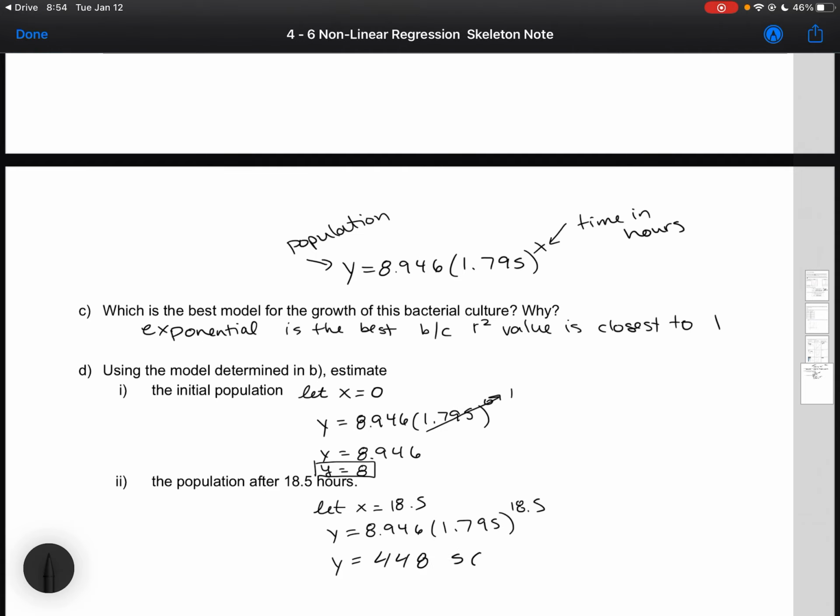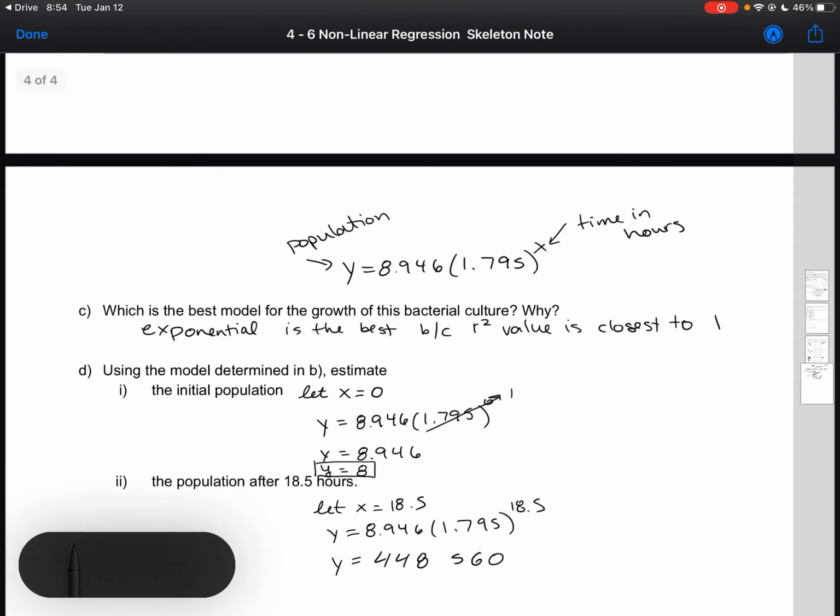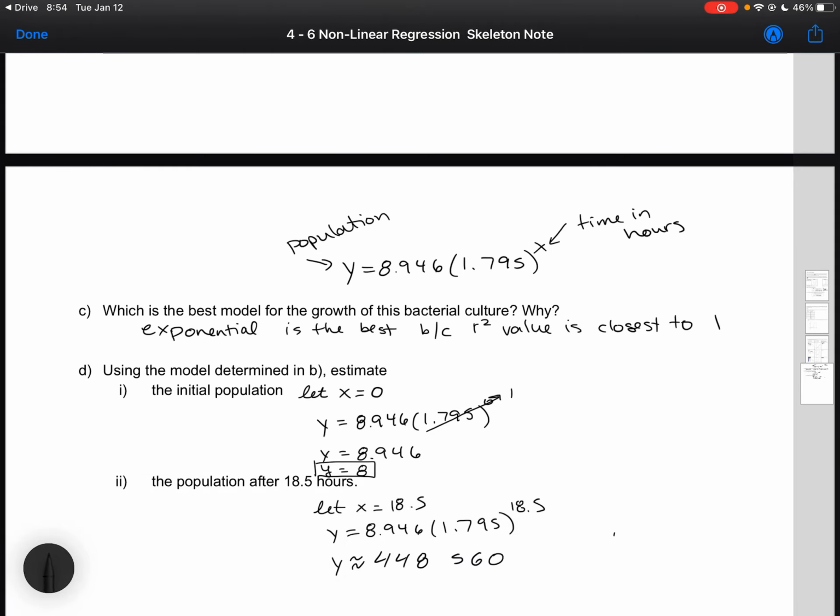It gives me 448,560. I'm rounding down because the information tells me that I've got a decimal. It hasn't quite gotten to the next cell of bacteria. So I've got approximately 448,560, and for my initial population, I've got approximately 8, rounding down for the same reason.